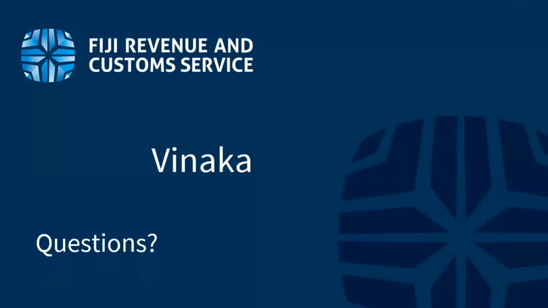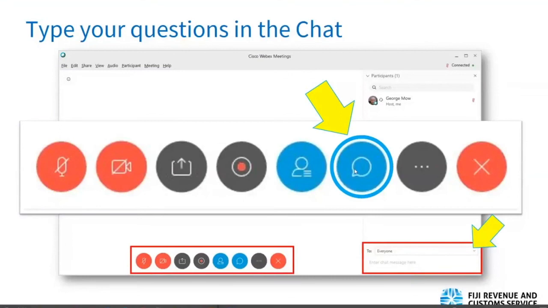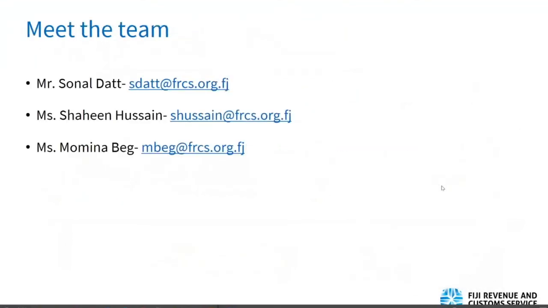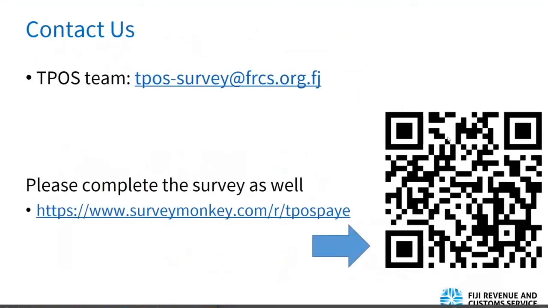Okay, FRCS we have been asking employees to come up and update the records with the FRCS, and employers to ask the employees to update the records. What we have encountered previously for FBT is that once you enter your TIN, sometimes an error message comes up saying the information needs to be corrected, contact FRCS to update the TIN.